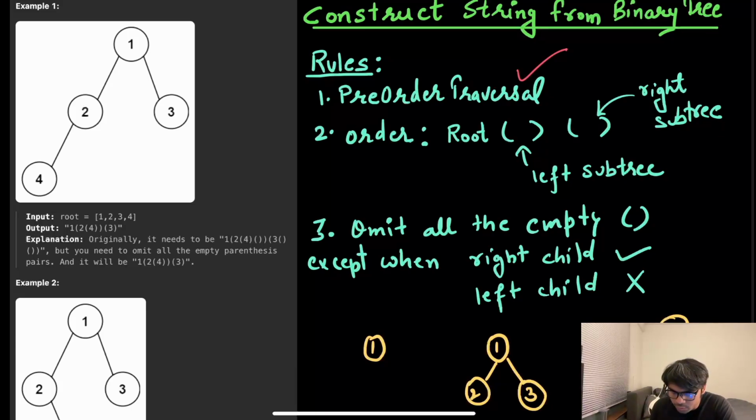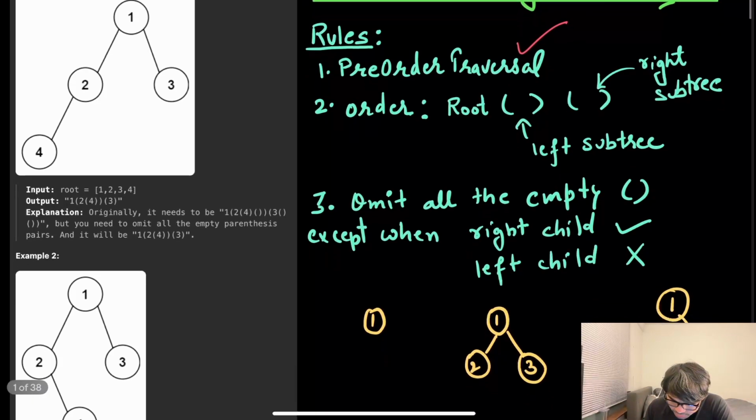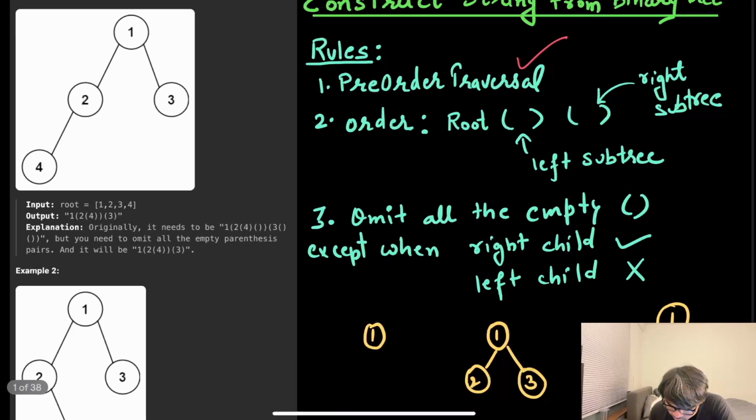The second rule is that the order should be the root value first, and then whatever the left subtree returns, in parenthesis right next to our root value. And right after that, we will have the right subtree values, which will also be in parenthesis.